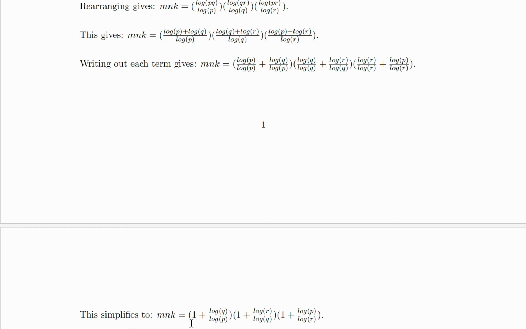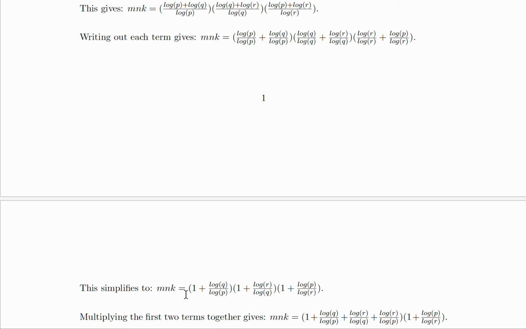So we can make this look a little simpler by writing it like this. So now we have these three terms to multiply together. And now if we remember how to multiply these kinds of terms together, we can start with the first two. You can use FOIL or whatever works for you. Multiply this times this, we get 1.